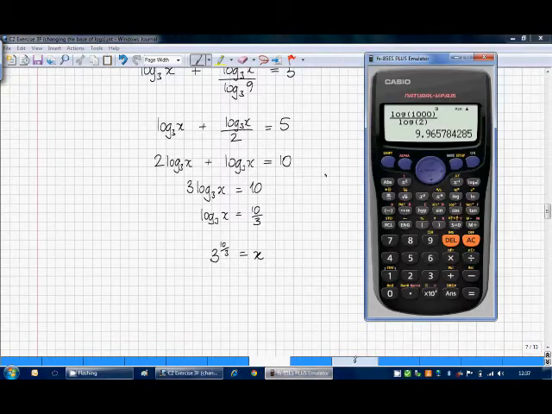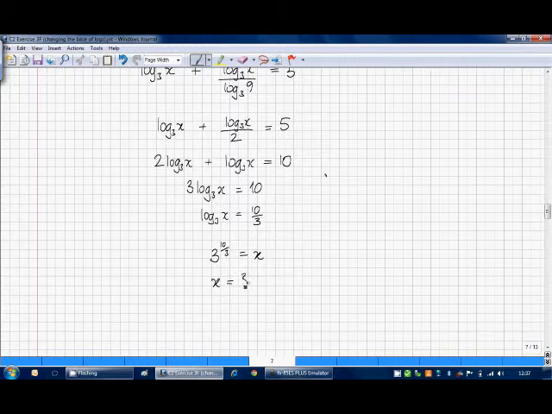With a quick bit of calculation, and we can even put a fraction in there, 3 to the power of 10 thirds is equal to 38.94. So x equals 38.94, and that's probably good enough for now.